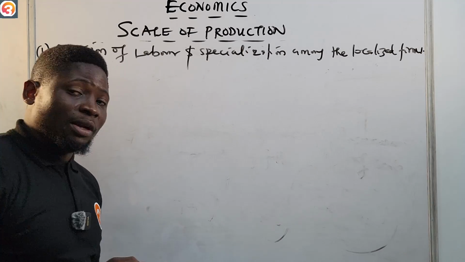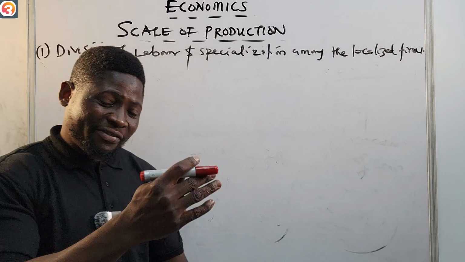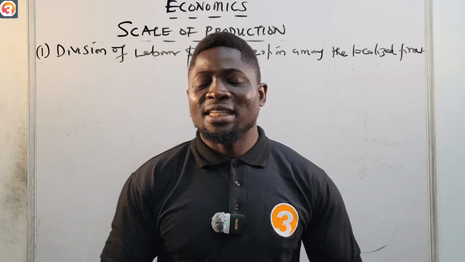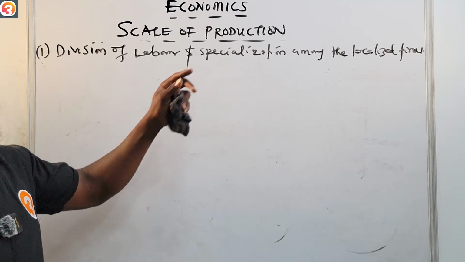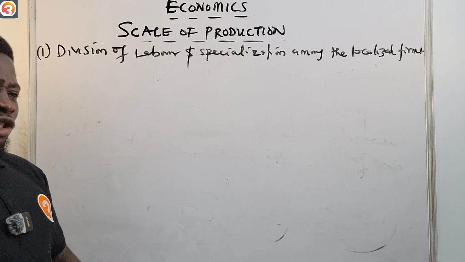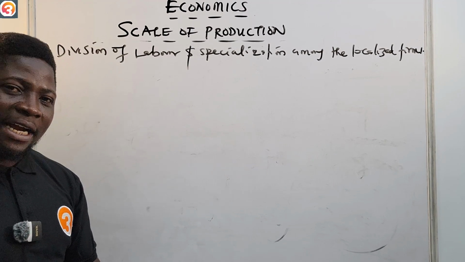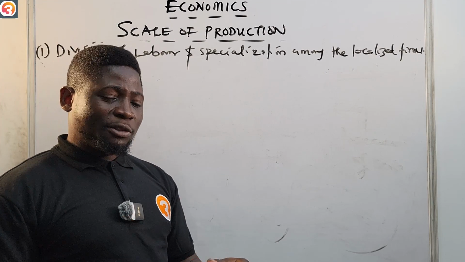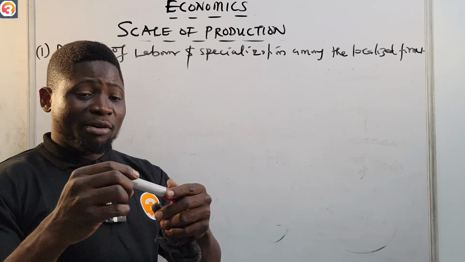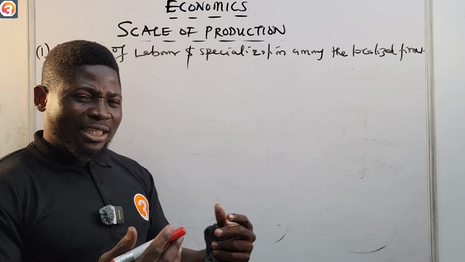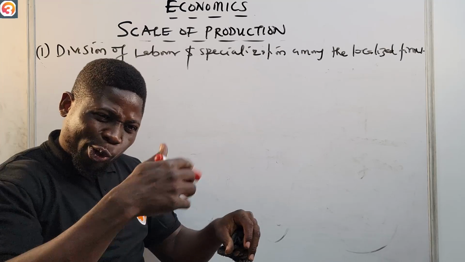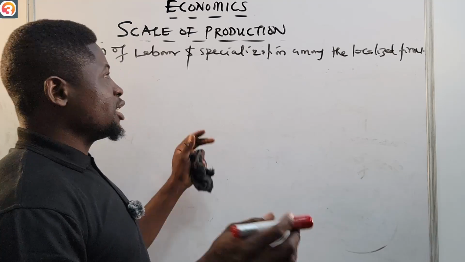We talked about division of labor before: the breaking down of work into different stages, and each stage is undertaken by specialists. So that's where specialization comes into play. Because you have already localized, if you are producing this marker, who's producing the ink, who's producing the body, the plastic, you have localized, so it's easy for you to see specialists work in all of those industries. So that is one advantage.